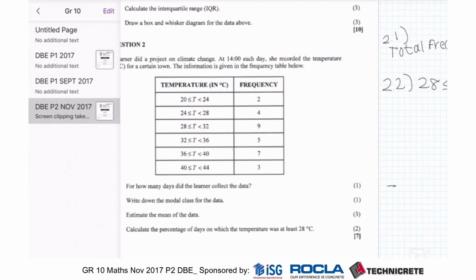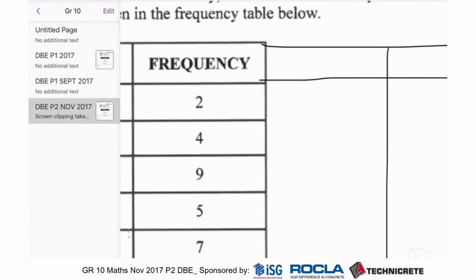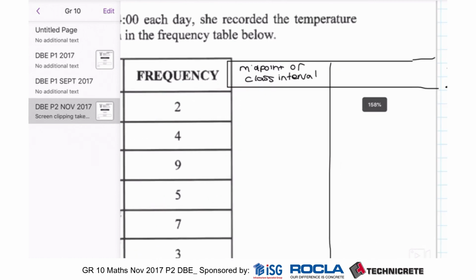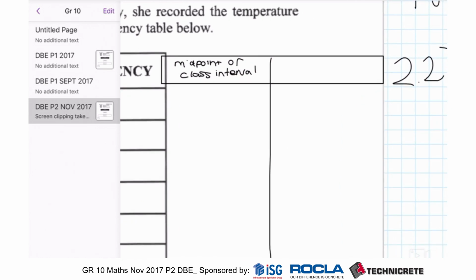Okay, so we've got to add to this table and what we're wanting, firstly, is we want the midpoint of the interval. So this is the method that you should use when you're finding the mean of grouped data or class intervals.